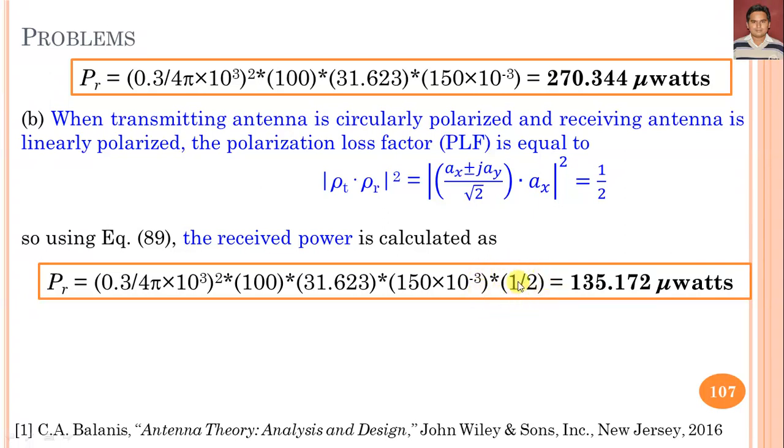Here you can see it is equal to 1 by 2, so we get just half the power compared to when the polarization is matched. In that case we get the power 135.172 microvolt. So this type of approach we can consider for the analysis of problems based on the Friis transmission equation, especially when we are considering the polarization loss factor and other parameters that are needed.